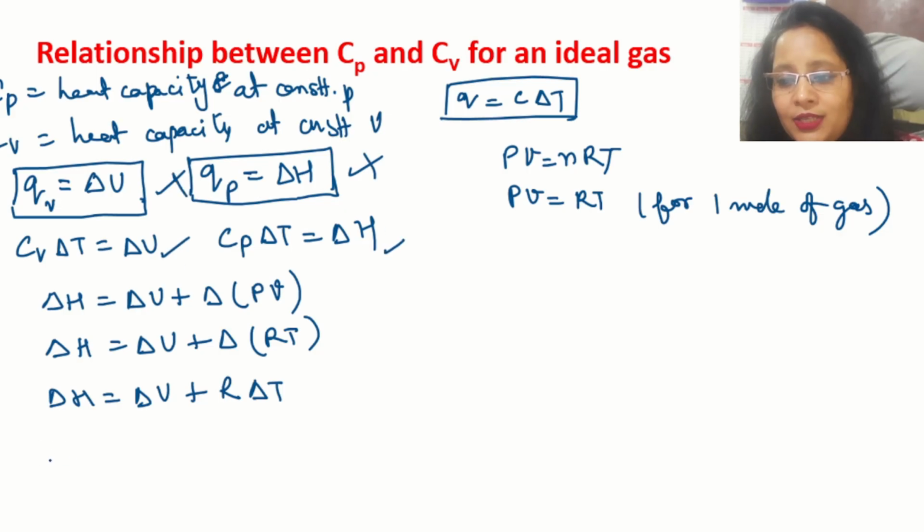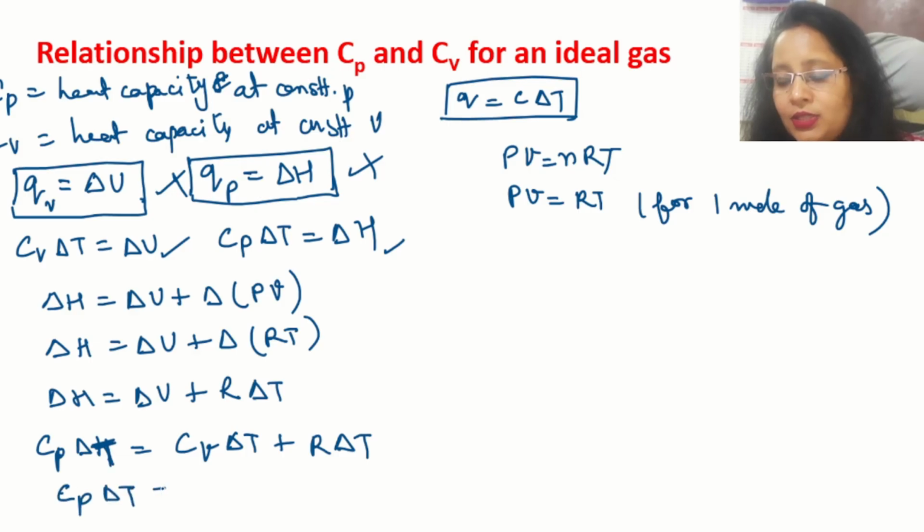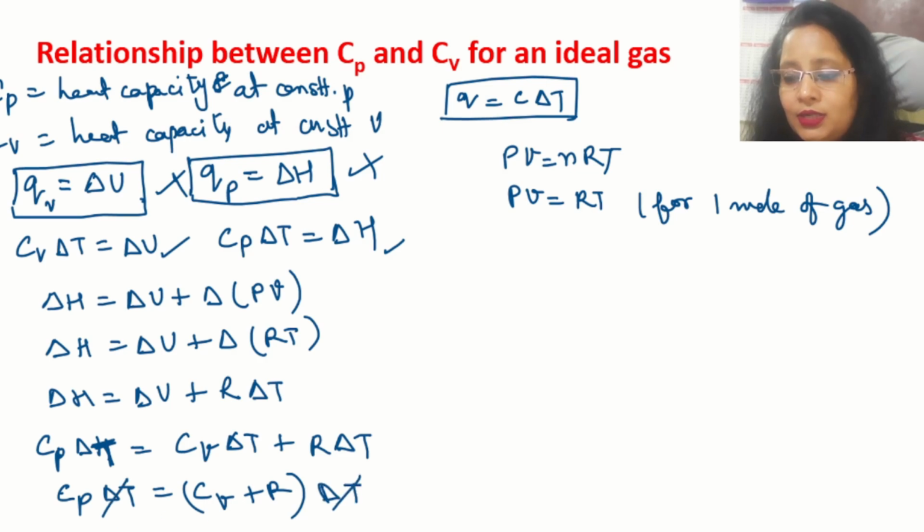Now, replace delta H and delta U from the given. So in place of delta H, we can write Cp delta T is equal to delta U, we can write Cv delta T plus R delta T. So Cp delta T is equal to Cv plus R delta T. Now delta T cancels out.